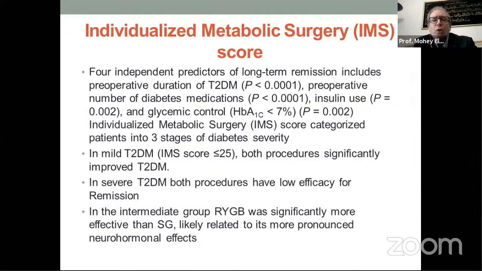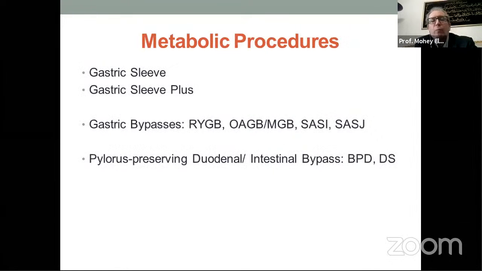Another score is suggested by Aminian et al. from Cleveland Clinic. It's called the Individualized Metabolic Surgery Score, and it includes the preoperative duration of diabetes, preoperative number of medications, the use of insulin, and the glycemic control.